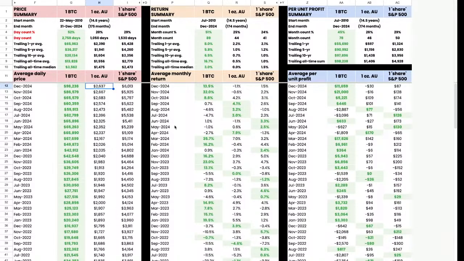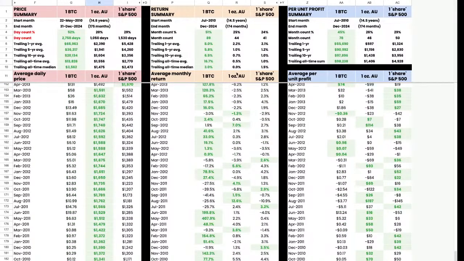Right now it's up to $2,600 an ounce. But still, if you took the median of all the returns, Peter Schiff's pet rock, the favorite asset, 0% median monthly return. Really incredible. S&P, much better, 1.5%.